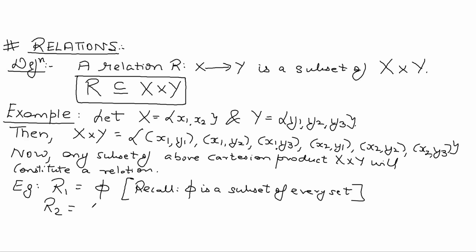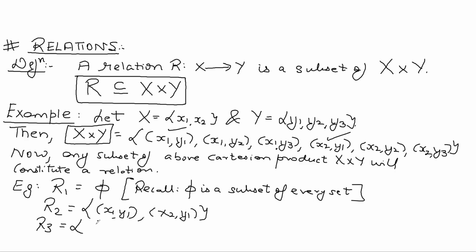Another relation, set of x1 comma y1 and x2 comma y1. Randomly I have taken. This is also a relation because it is a subset of x cross y. I can take another one, x1 y2, x1 y3, x2 y2.